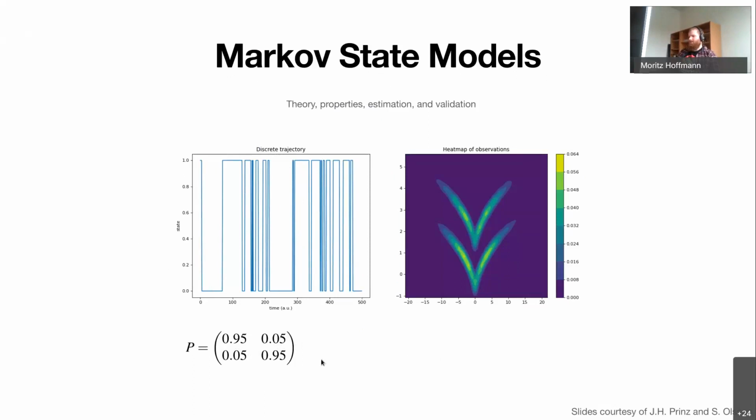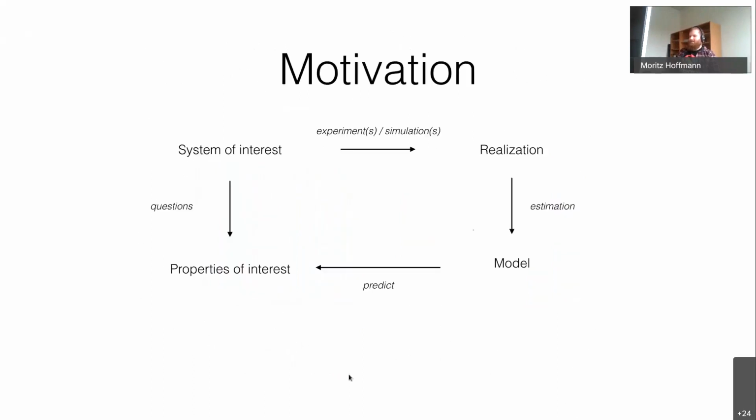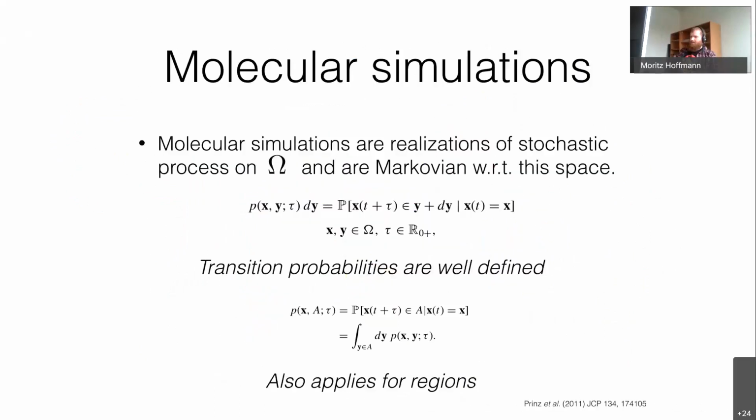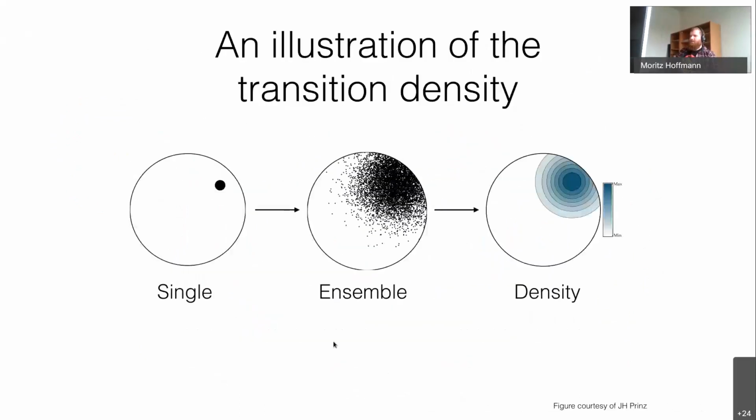So we are not looking at a single point in state space, but we're rather evolving a distribution in time. And this is what this slide was meant to illustrate. So we have a single point in state space, but in fact, we rather consider an ensemble in state space, which gives us a density. And then we work with this density of states.